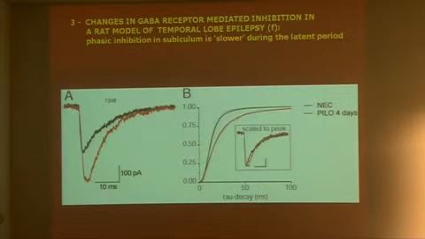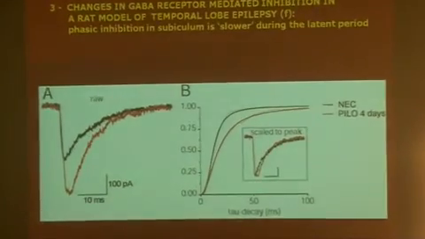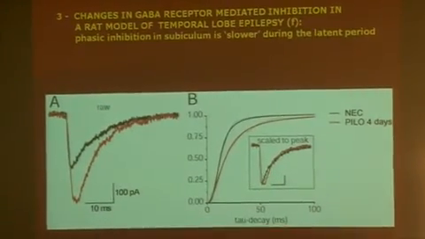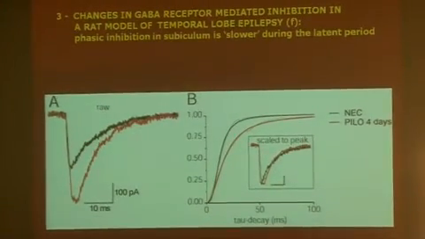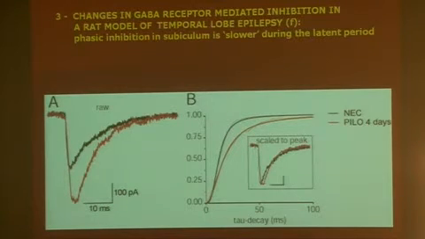We still have to look at the chronic period, but preliminary data indicate that during the latent period, GABA phasic inhibition is characterized by a slowing of the kinetics of these IPSCs.